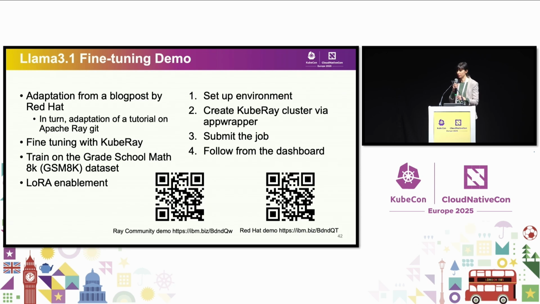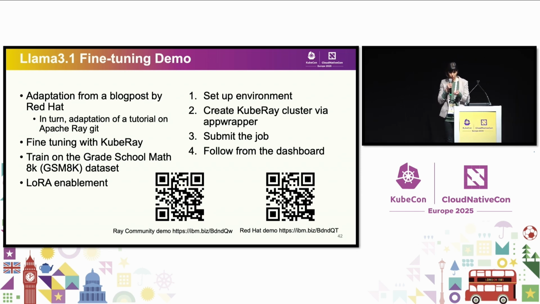The fine-tuning demo is an adaptation from a blog post from Red Hat, which in turn is an adaptation from a demo that you can find on the Ray Git repository. We're going to do fine-tuning with Ray, training Llama 3.1 8 billion on a grade school math dataset with LoRA enabled.